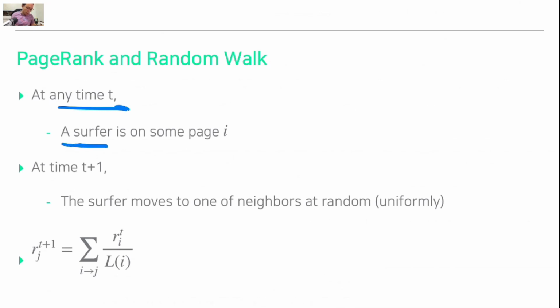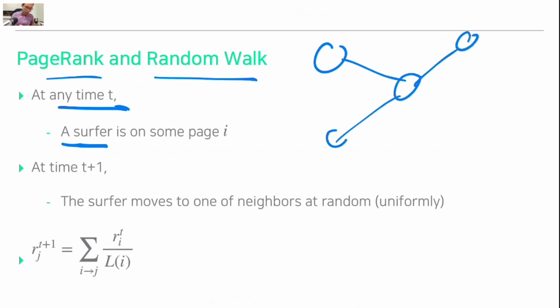In that sense, the PageRank is quite similar to the random walk, right? Could you remember the previous lecture? The drunken guy jumped into the connected node, considered the connected neighbors, uniformly randomly chose one of the neighbors and went to that link, one of the nodes, right?